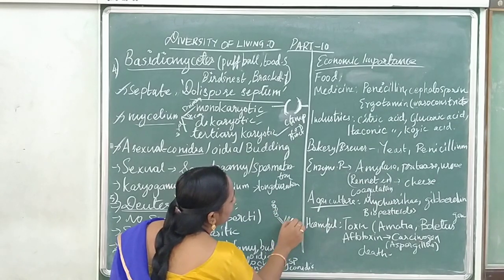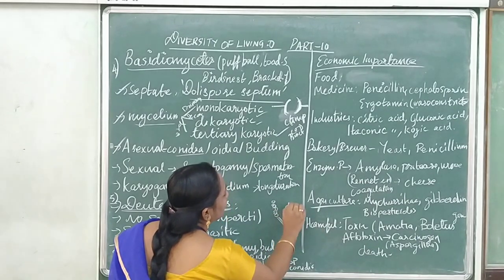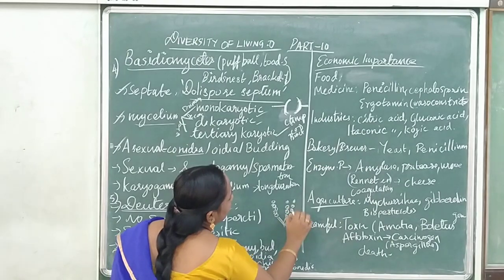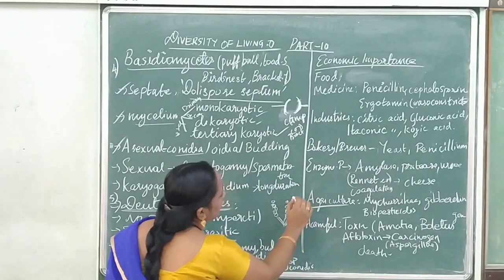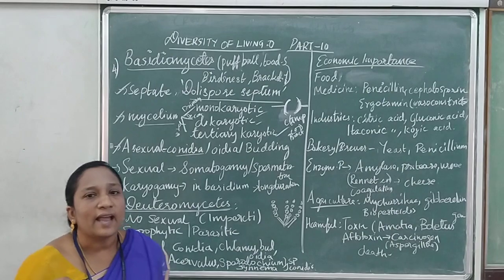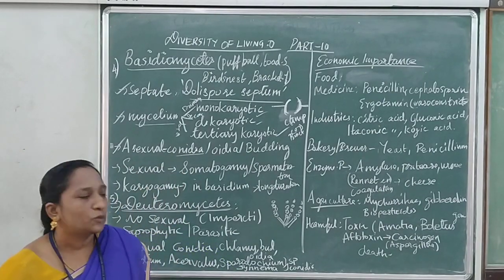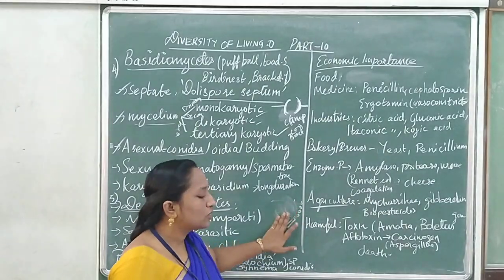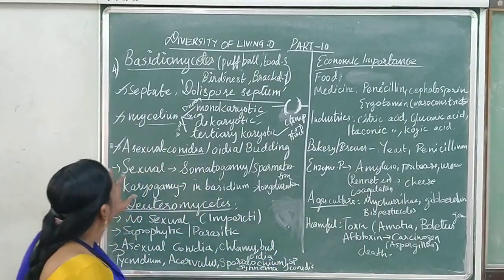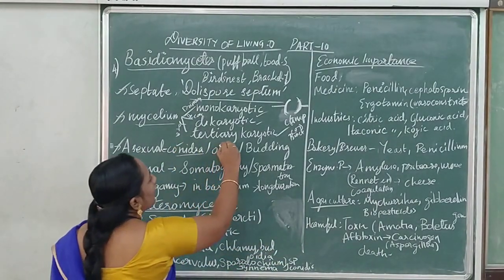Have you learned it? Do you remember? This conidia will be released in the air. Then when it is lying on the substratum, it forms a new species. That is called conidia. So here the conidia formation will be there, and oidia.